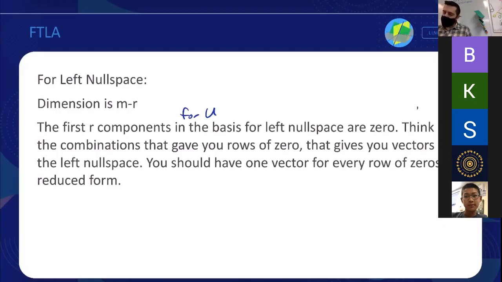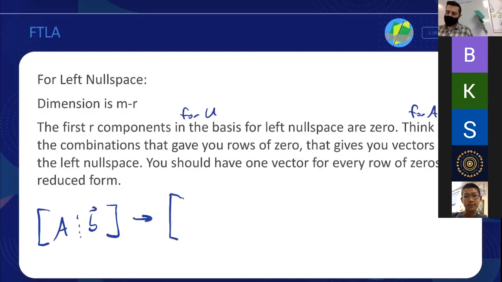For A, what I do is I think of the combination that gave you your rows of 0. So if we have A, and we reduce it down, and I have U, and remember we'd end up with things like B1 or B2 minus 2B1, and B3 minus 3B1 plus B2 or whatever.